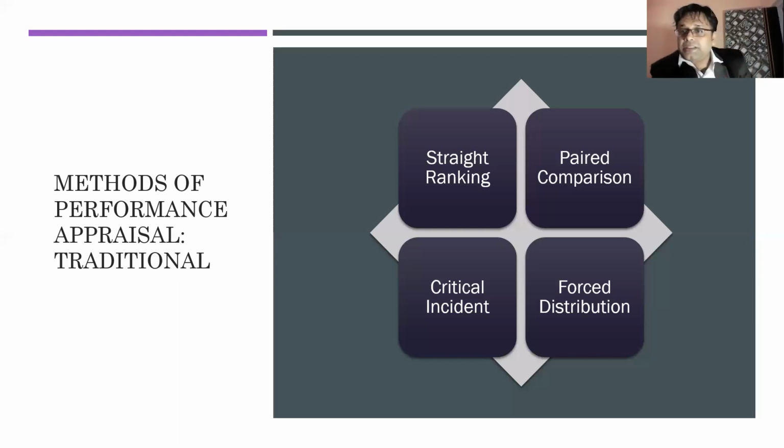Forced distribution means all the employees will be distributed into 3 categories: top 20%, middle 70%, and the bottom 10%. Right? So all the employees will be distributed in these categories. So say for example, your performance is 90%. So 90% is a very good performance, right?